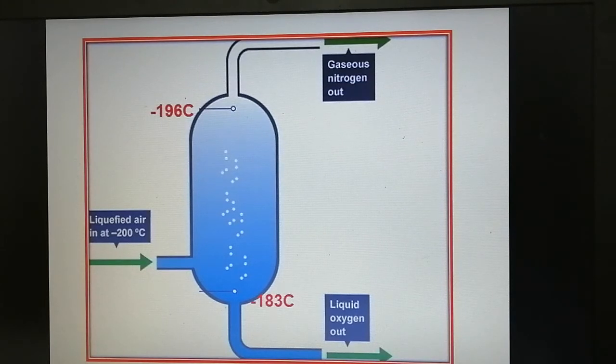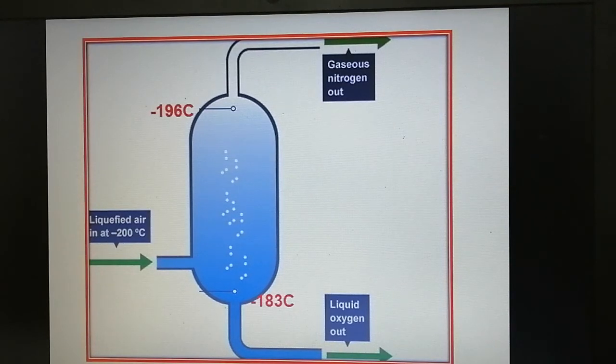Either you can follow that flow chart or draw this diagram in your notebook. I prefer you to draw this diagram and study from the textbook also. Mainly you have to study the boiling points of nitrogen and oxygen.